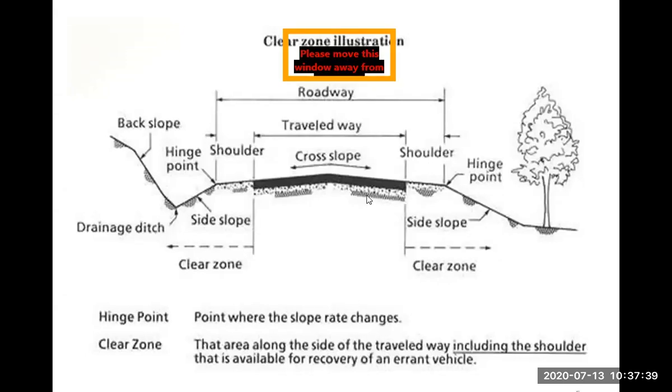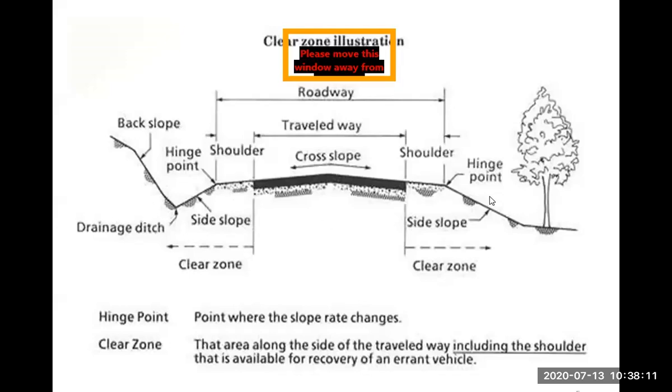Then if you look at the hinge points, here you see a steep side slope, which may be 2:1, 1:2, or any 1 in n proportion: 1 in 1.5, 1 in 2, 1 in 3, 1 in 4, or whatever digits. The side slope is generally there to drain out the water, and here are the trees which have been planted. Now here you see the back slope, which we call the drainage ditch.